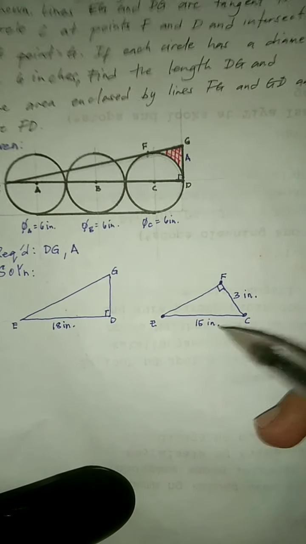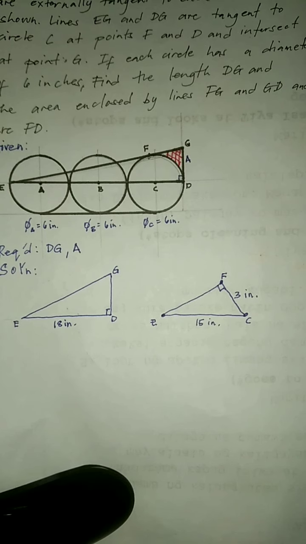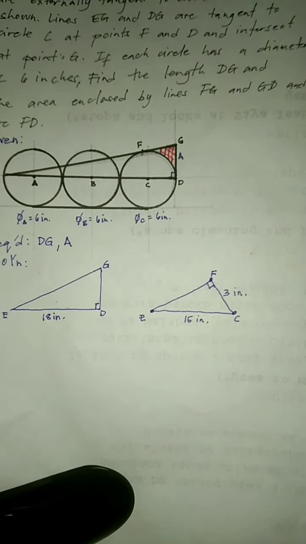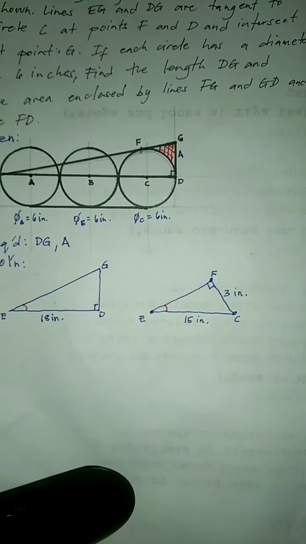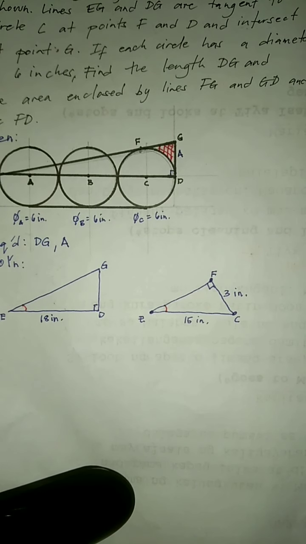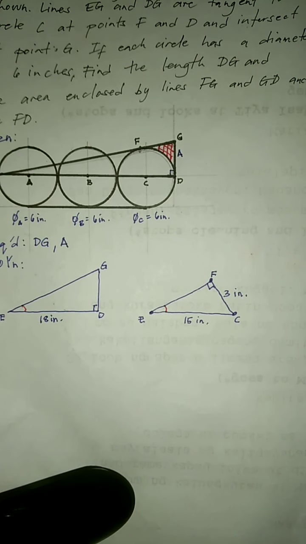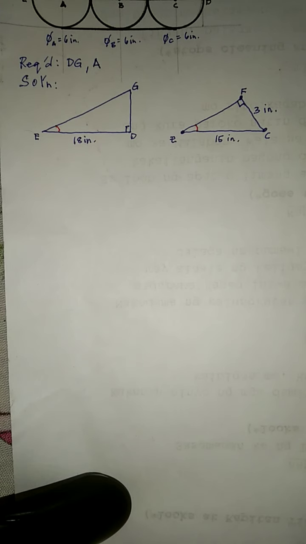Now how can we use this triangle EFC to solve some measurements in EDG? Notice that both of these triangles share the same angle E. If we can solve for angle E in triangle EFC, then we have also solved for angle E in triangle EDG, which will enable us to solve for DG. To solve for E, we can use SOHCAHTOA in triangle EFC.